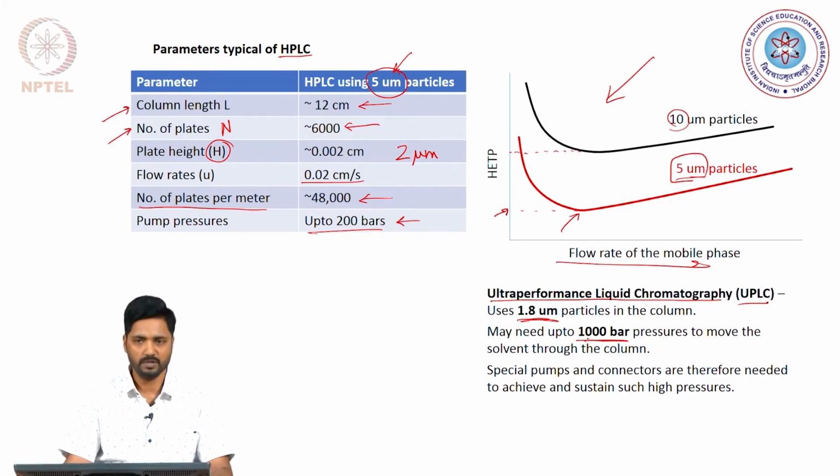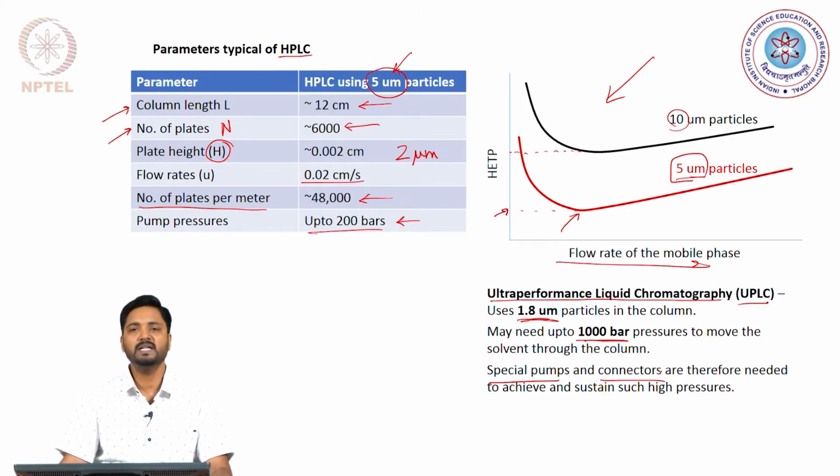This is not trivial, because now the pump has to be of the appropriate rating, so that it can consistently pump at say 1000 bar pressures, and you also require special connectors that will connect the tubings and the column with the detector and the sample injector.